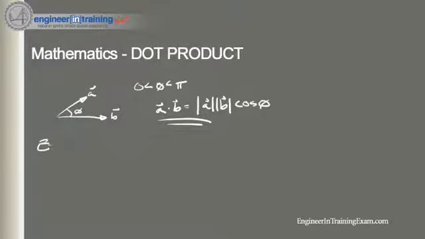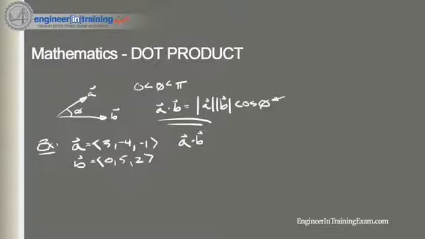Let's say that we want to determine the angle between the vector A, which is 3, negative 4, and negative 1, and vector B, which is 0, 5, and 2. So looking at our formula here, we're looking for theta. So we obviously need to find the dot product from our traditional formula.